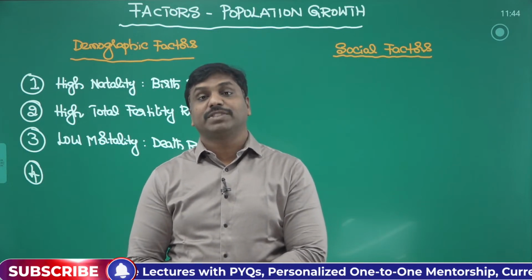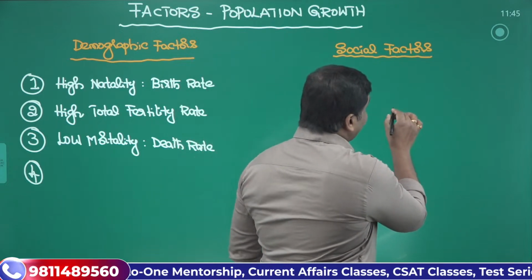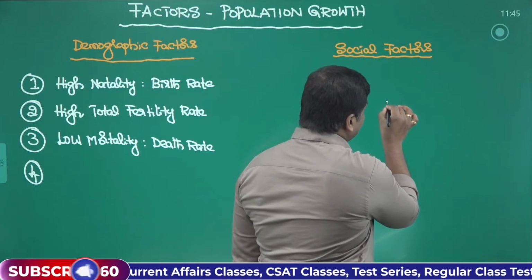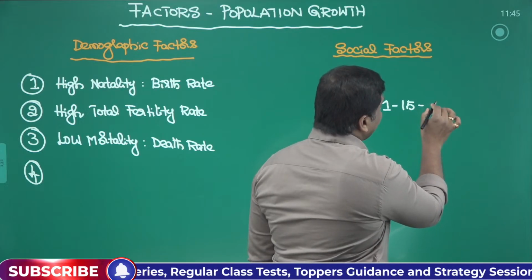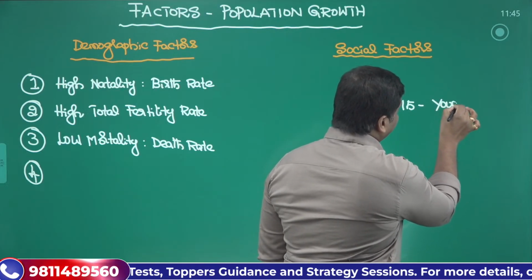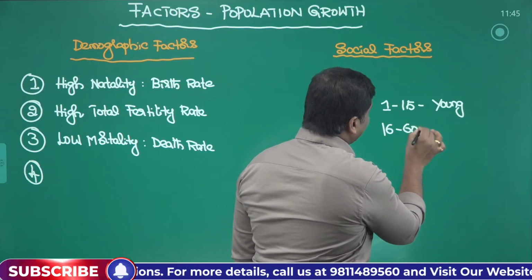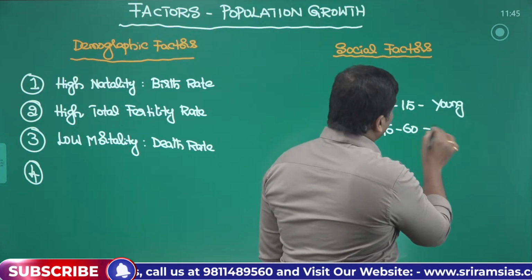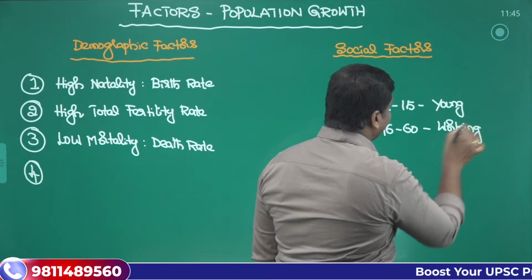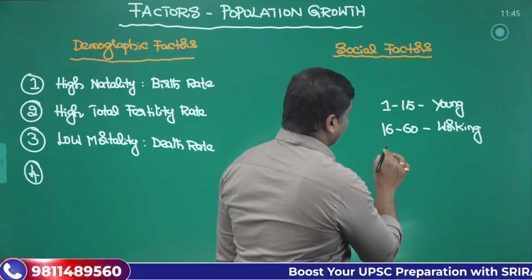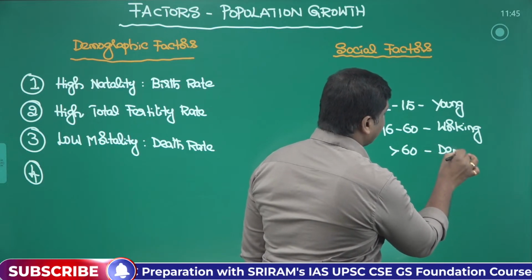Population we can systematically divide: 0 to 14 years is the young population. Then 15 to 60 is the working population, who can actively contribute to the growth of the economy. And greater than 60 is called the dependent population.